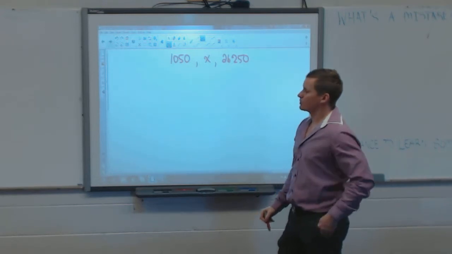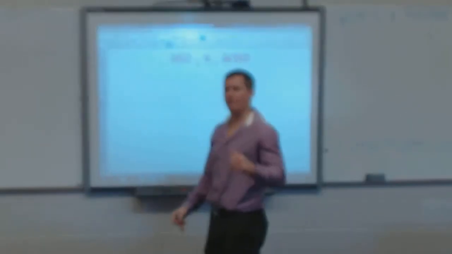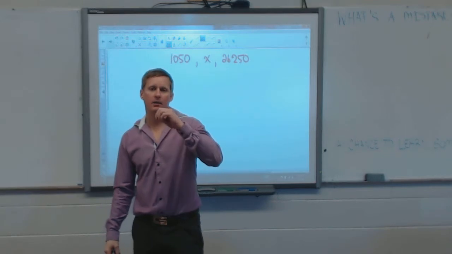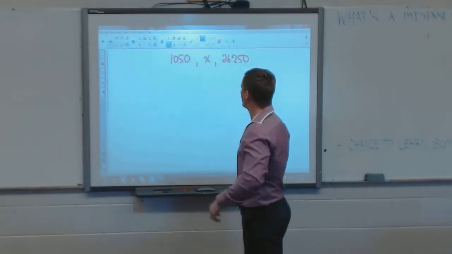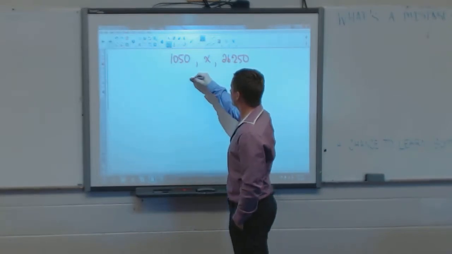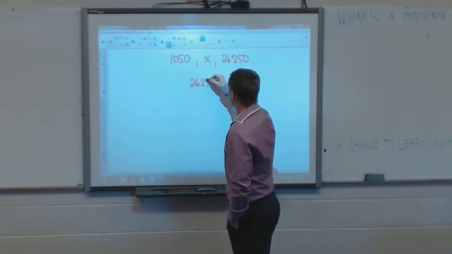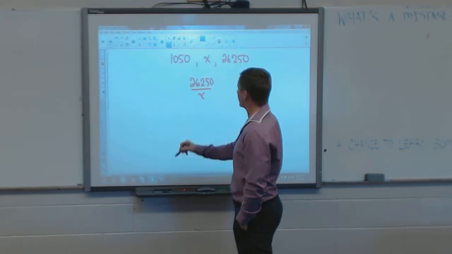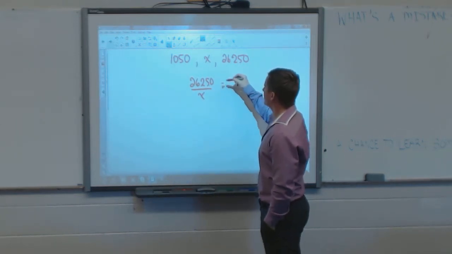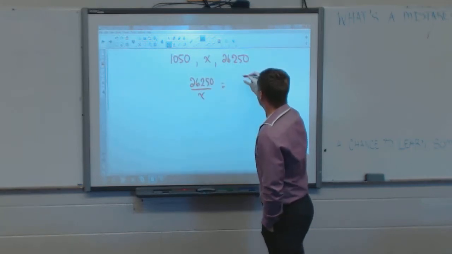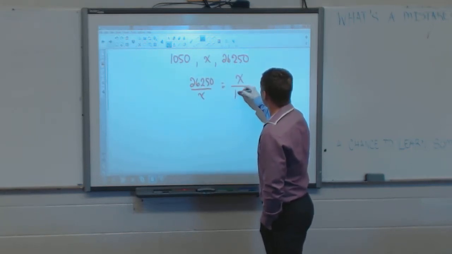Right? So what I said earlier is if I want to find the common ratio, I take one term and I divide it by the term before it. And it should equal if it's consistent. So I'm going to take 26,250 and I divide it by x. And that's got to equal the same ratio between x and 1,050.